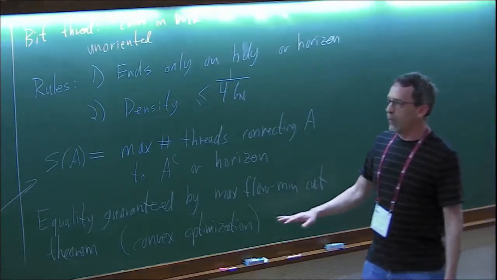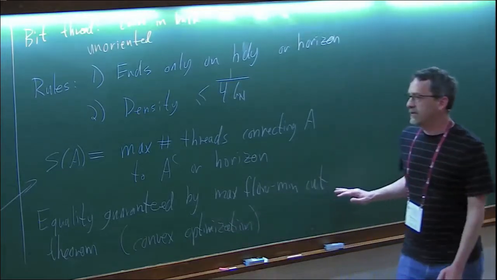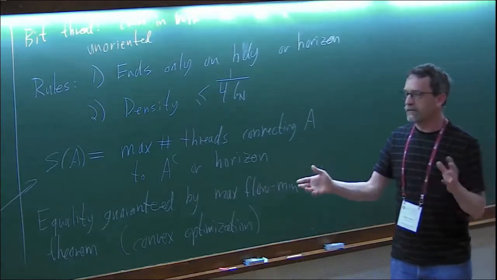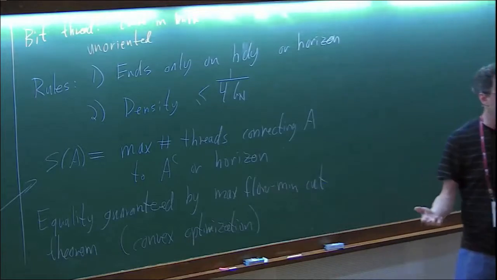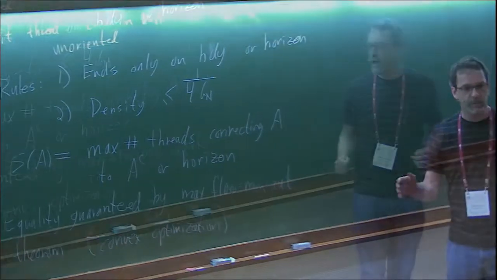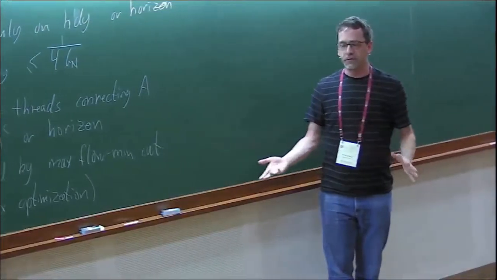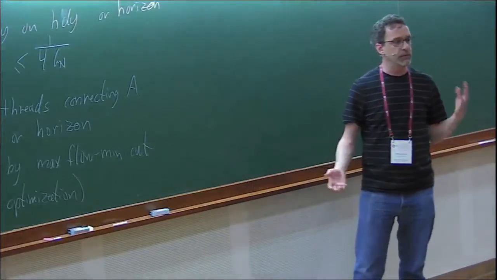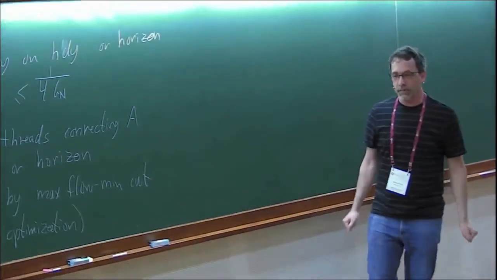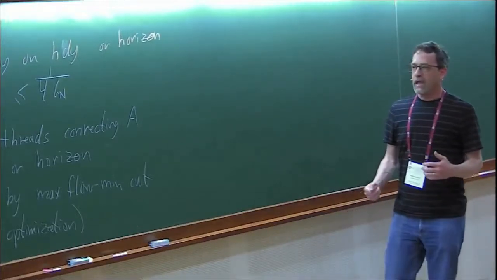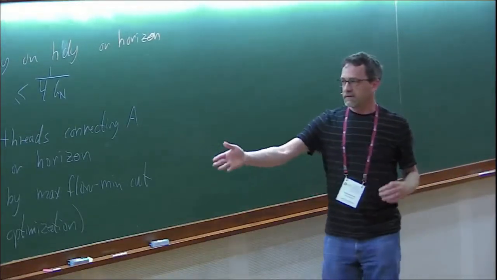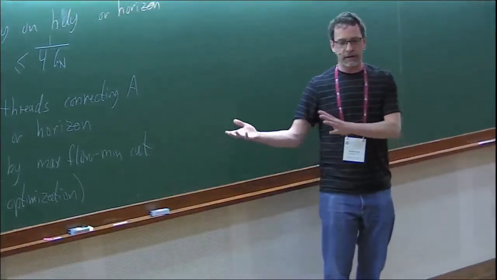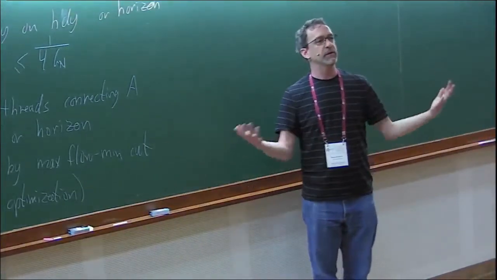In proving a theorem like this, you express the two sides in terms of convex optimization problems. The convex optimization problem is the problem of minimizing, let's say for concreteness, a convex function over a convex domain. And tons is known about the properties of such problems and their solutions. One of the standard tools in the theory of convex optimization is something called Lagrangian duality.